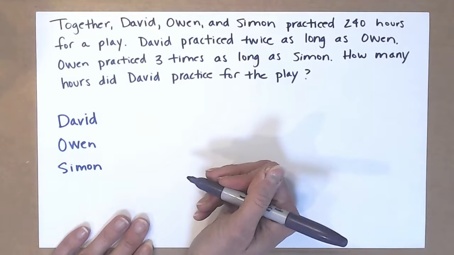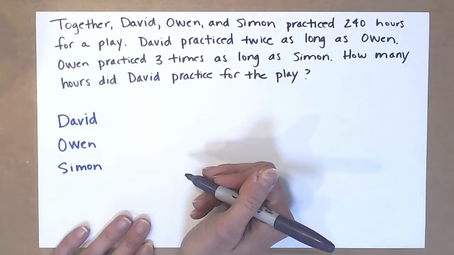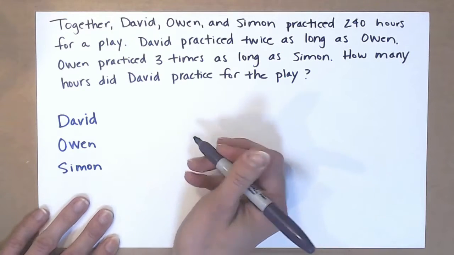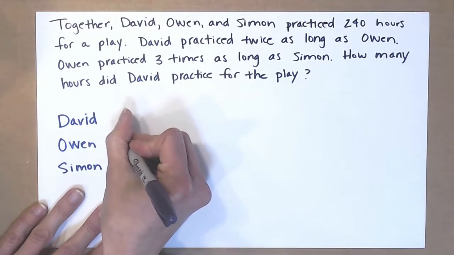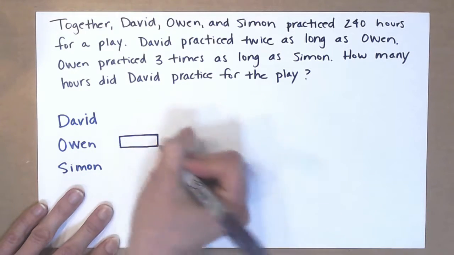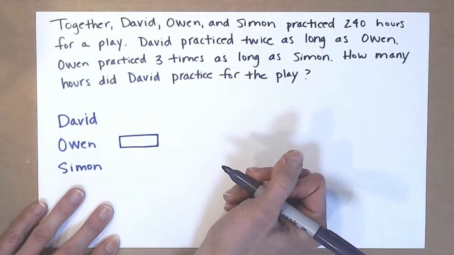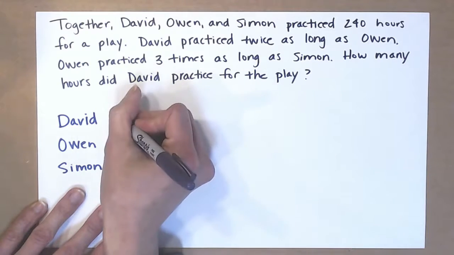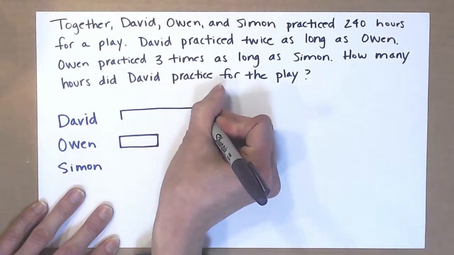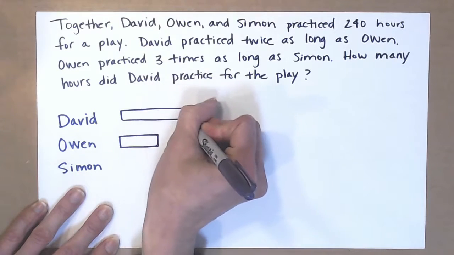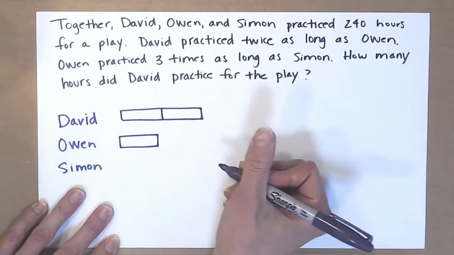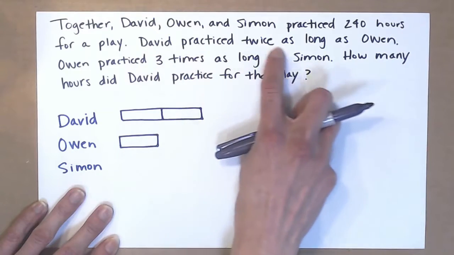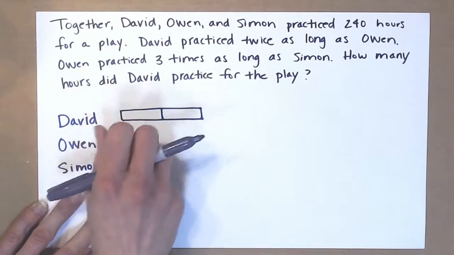We know that David practiced twice as long as Owen. So if we make a part to show how much Owen practiced, we want David to practice twice as long as Owen. Okay, so that's this part. David practiced twice as long as Owen.